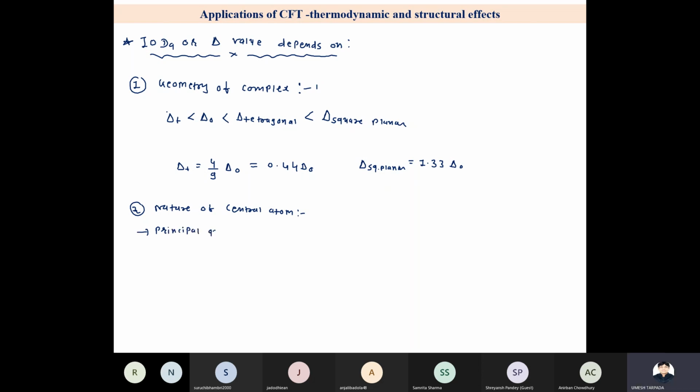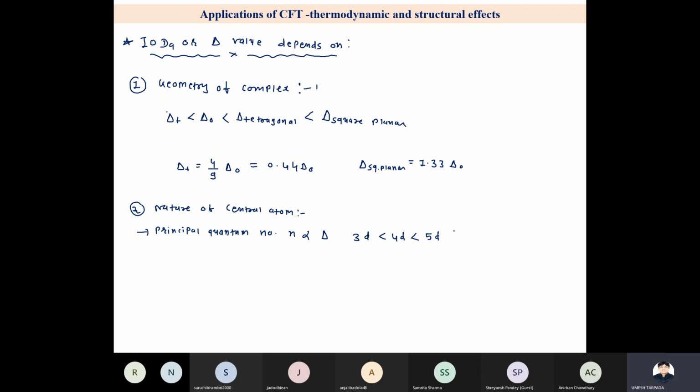As principal quantum number n increases, then splitting energy also increases, and that's why 3d orbital has lower energy as compared to 4d, 4d having lower energy as compared to 5d. The principal quantum number increases, crystal field stabilization energy also increases.